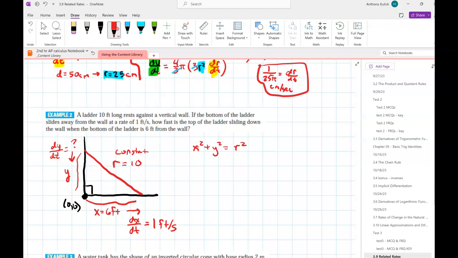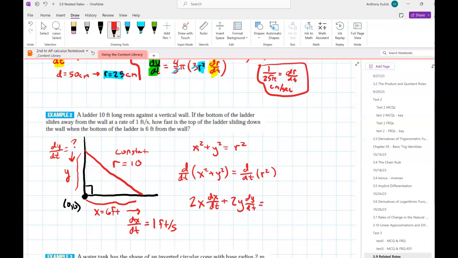Now, if we try to take the derivative of both sides with respect to time, what's the derivative of the left-hand side? 2x plus 2y. Close. You need a dx dt and a dy dt.